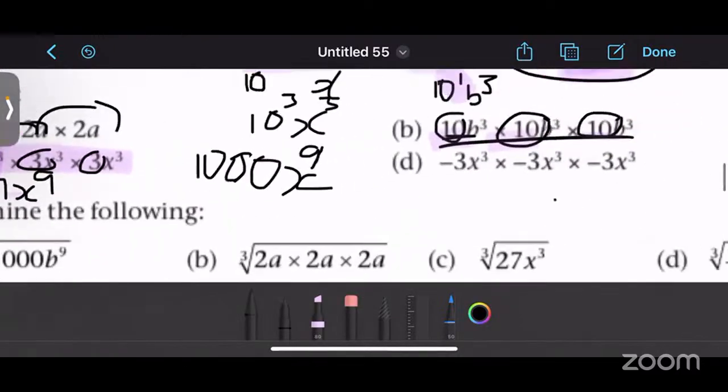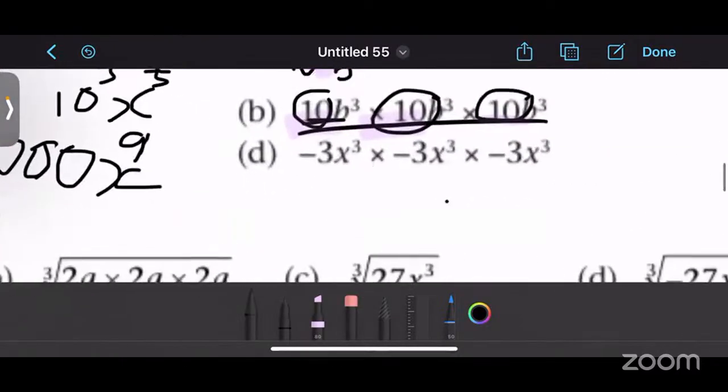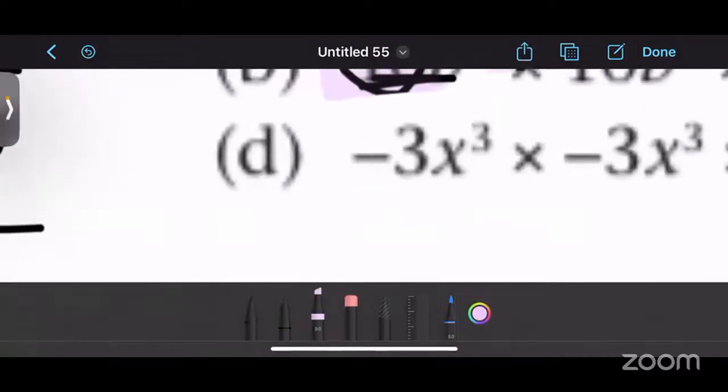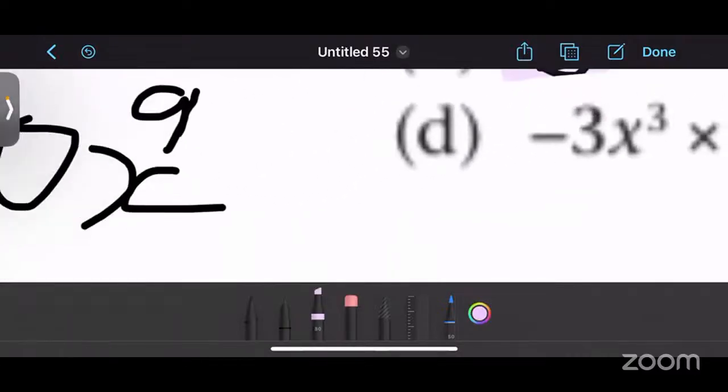Great. And this one is for Manahil. Manahil, this is the last one for you. How many bases do we have here? 2. 2, perfect, which is -3 and x.